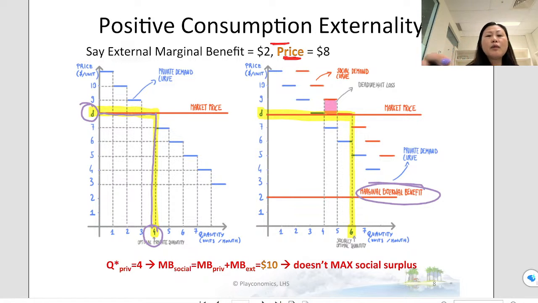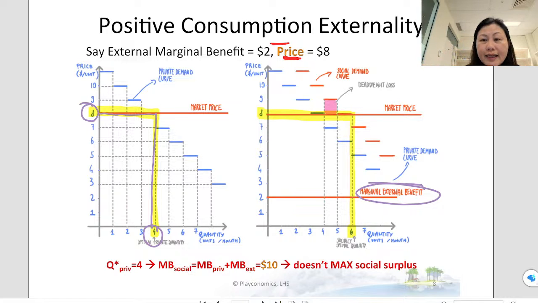So the reason why I want you to put those 2 red lines above is because for every single blue line, there is a red line that follows, because the red line is the distance between the marginal external benefit, which is 2. So it has to move up by 2 units. Okay, or by $2, sorry. Right?